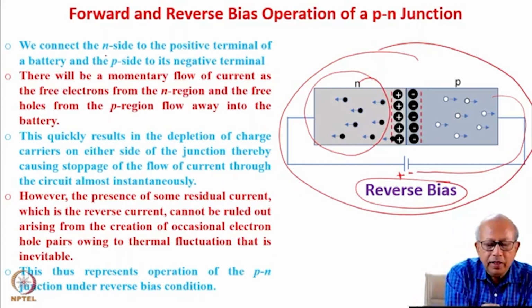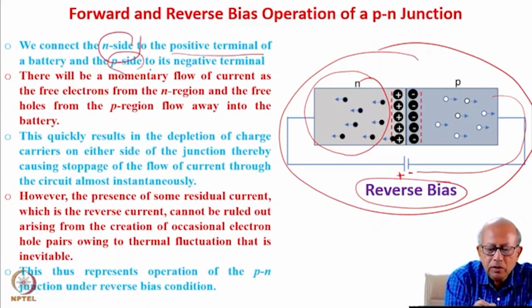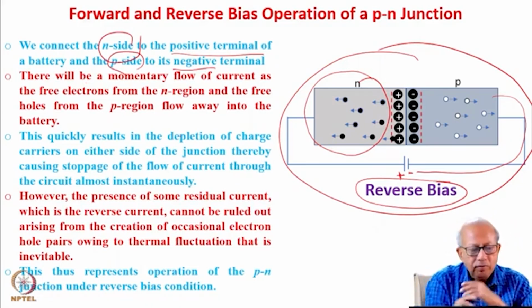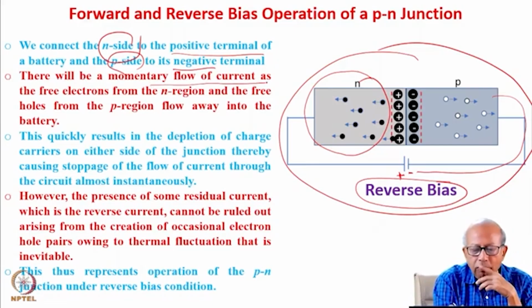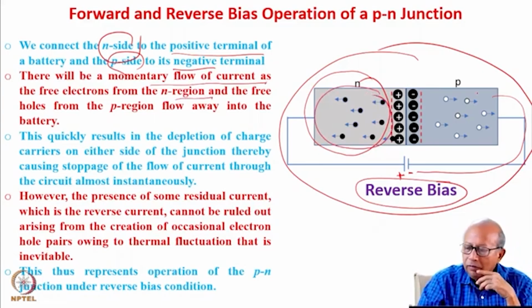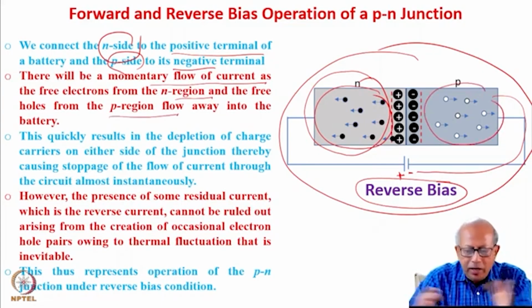So we connect the N side to the positive terminal of the battery and the P side to the negative terminal of the battery. Now, the moment you have connected, there will be a momentary flow of current as the free electrons from the N region and the free holes from the P region flow away into the battery.